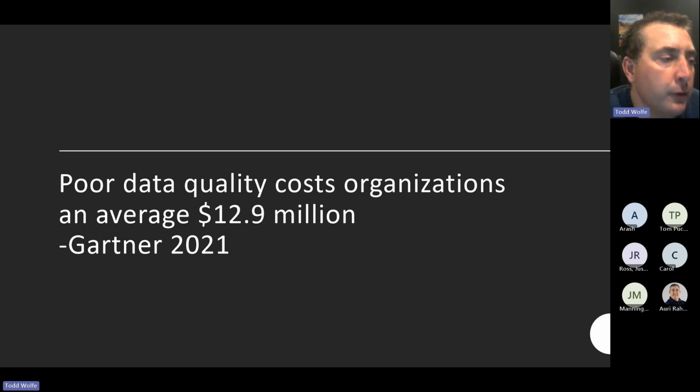Gartner back in 2021 released this figure that poor data quality costs organizations an average of $12.9 million. Not quite sure exactly what size organizations this was related to, but I'm thinking it was mid-sized companies for the most part. And this is all too often true.